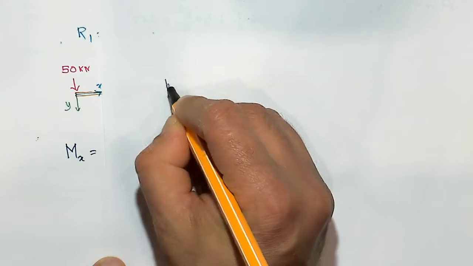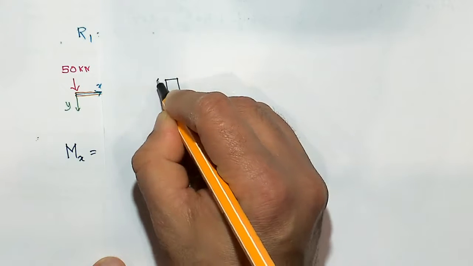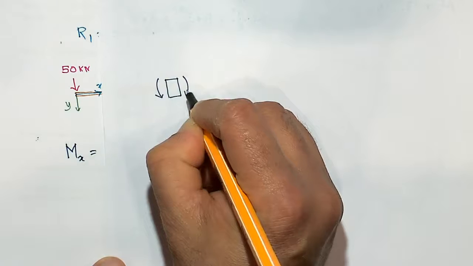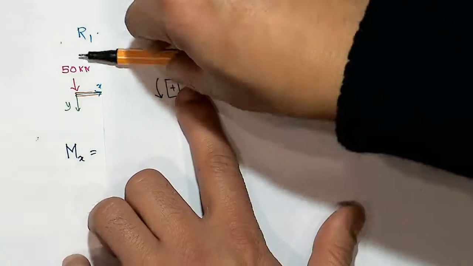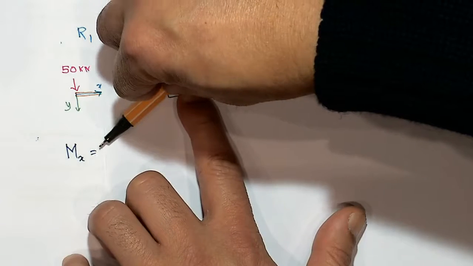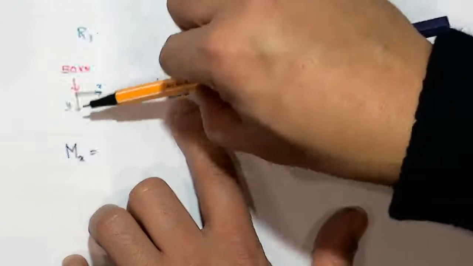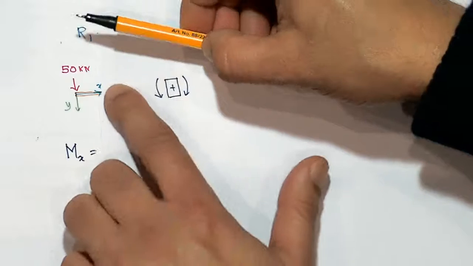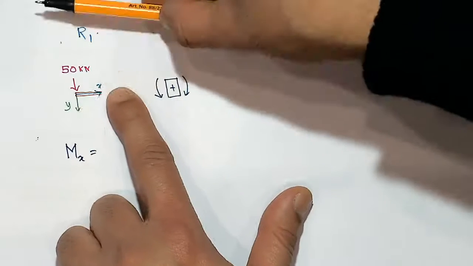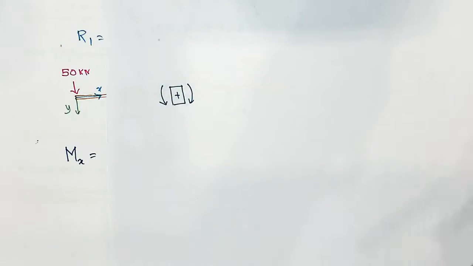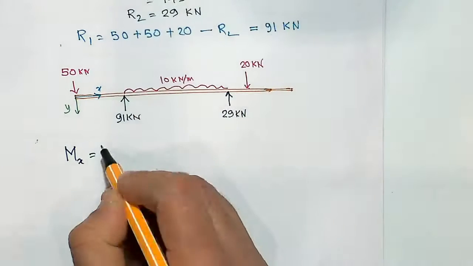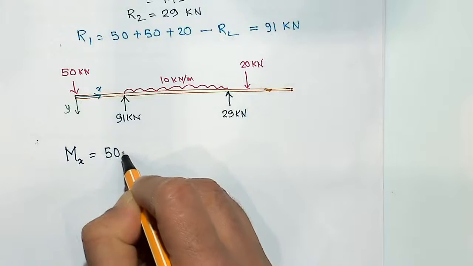If you remember, hogging moment is positive. If the left hand side moment is creating hogging, then that's a positive. So 50 kilonewton about this point will create a positive moment, so that would be 50 times x.